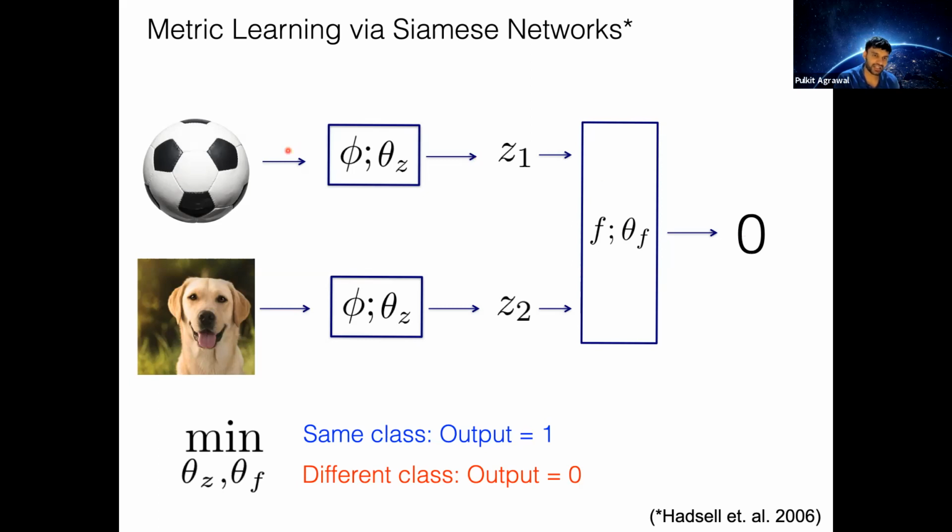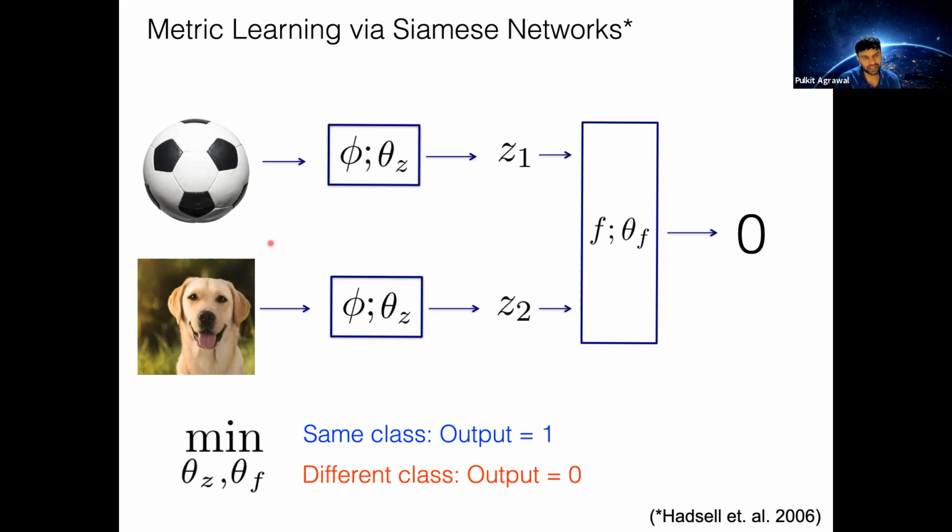This network architecture, where the features of both the images are processed with the same parameters and then compared, is what is called Siamese networks. This was proposed in work by Raya Hatzel in 2006. This is also called metric learning.